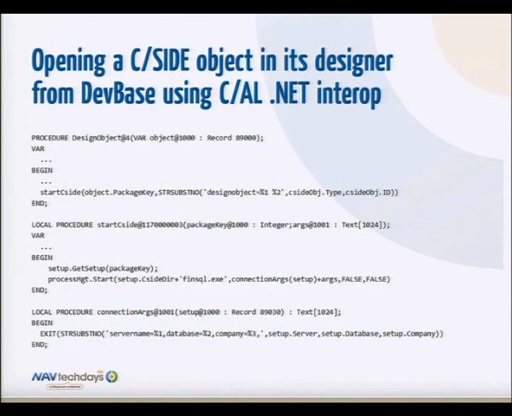So this is a variation of what we did before when we were actually opening Seaside. Now we're designing a particular object, so we are still passing in what package we're in so that we can figure out what database and what service and all of that. But now we're also adding a couple of parameters to the design object command line option, and we're passing in the type and the ID of the object.